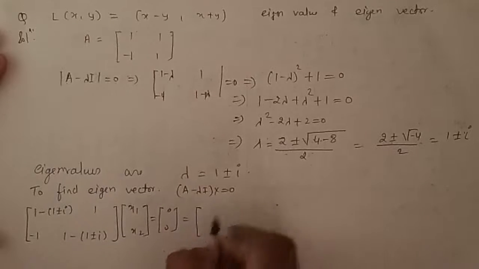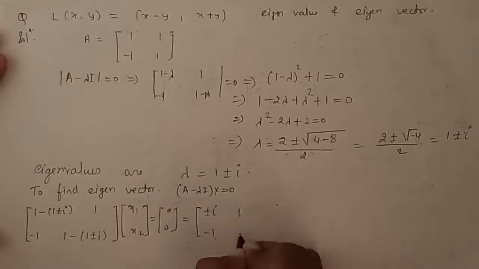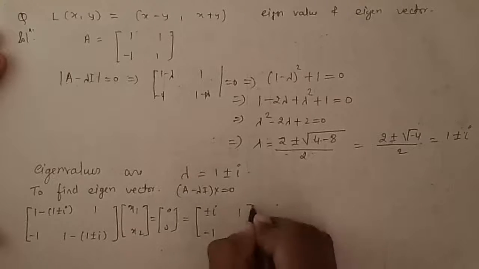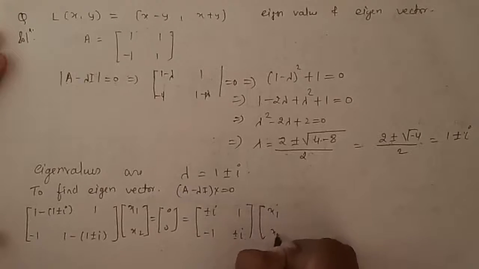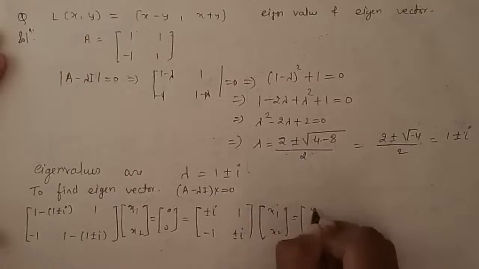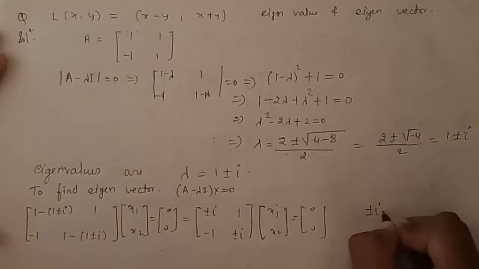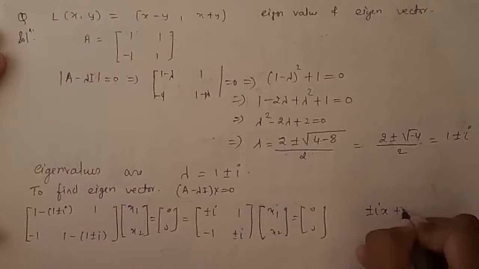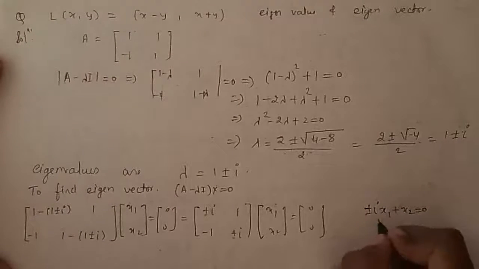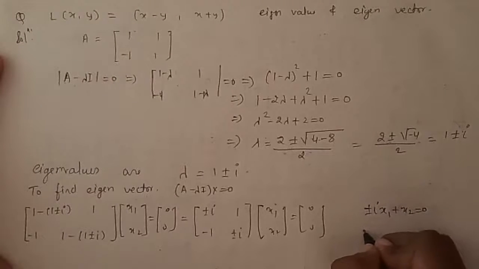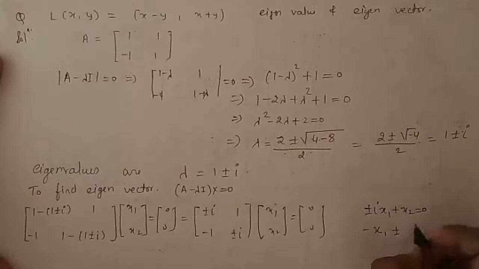So this is equal to minus plus i, minus 1, 1, minus plus i, times x1, x2 is equal to 0, 0. So this gives minus plus i x1 minus x2 is equal to 0. And for the next one, x1 plus minus i x2 is equal to 0.